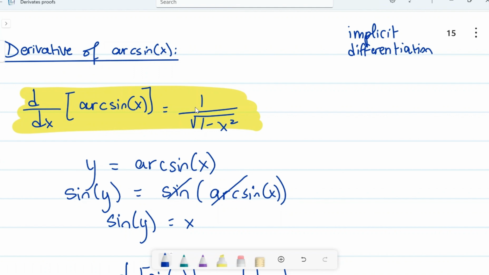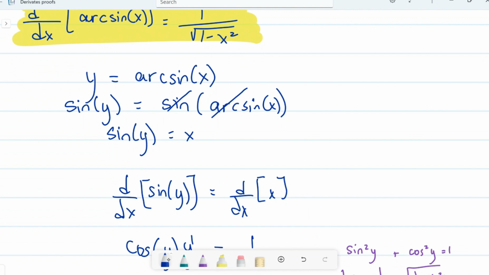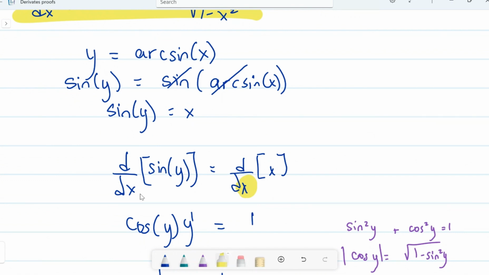And now we will take the derivatives of both sides, so derivative of sine of y and the derivative of x. As you might notice, the variable we are taking the derivative with respect to is x. So the derivative of x on the right side is 1. However, the derivative of sine of y is cos of y times y prime, so times the derivative of y.